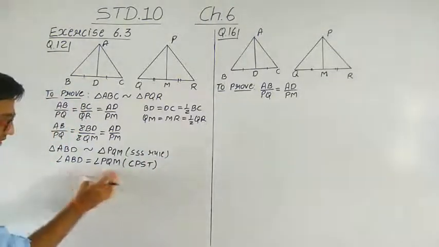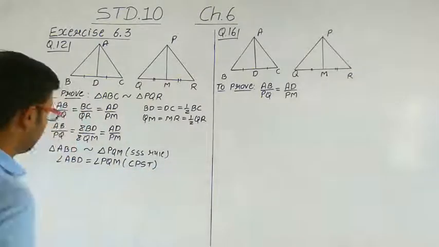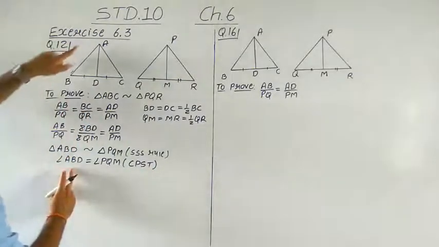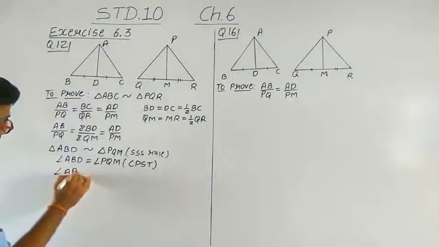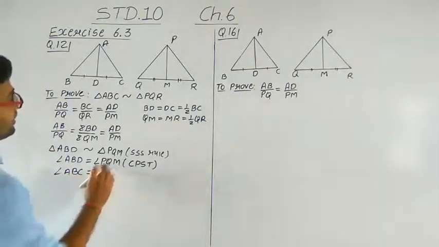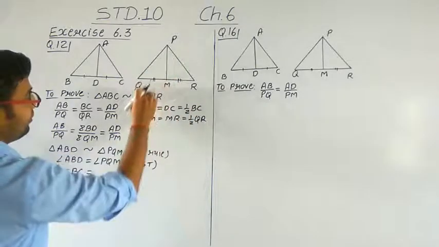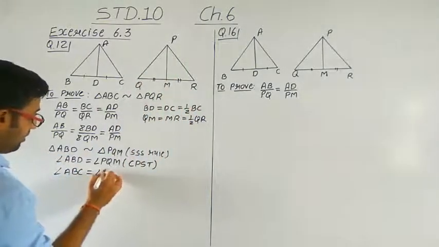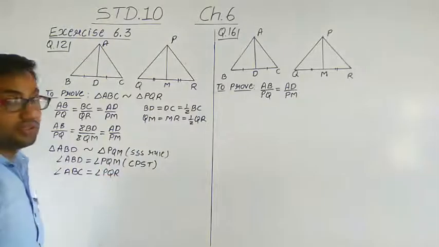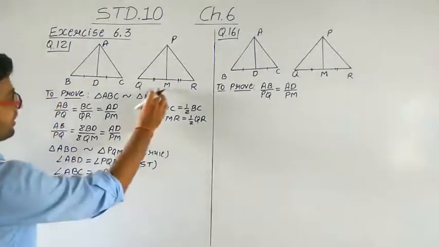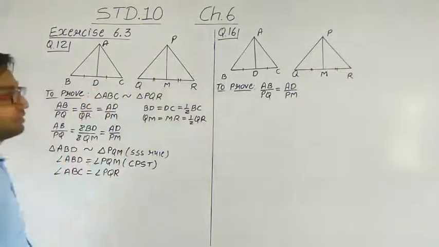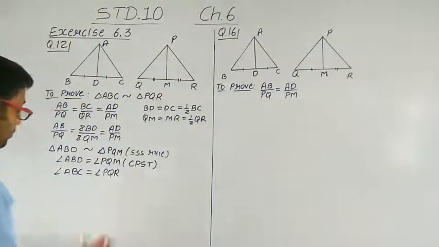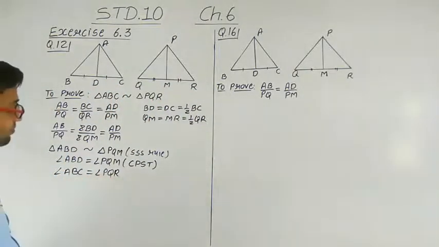If these two triangles are similar, then corresponding parts are equal. Now instead of ABD, we can write down angle ABC, or similarly, instead of PQM, we can write down angle PQR. What is the reason? The reason is that Q, M and R are collinear, B, D and C are collinear. Right? So we can write down this condition.